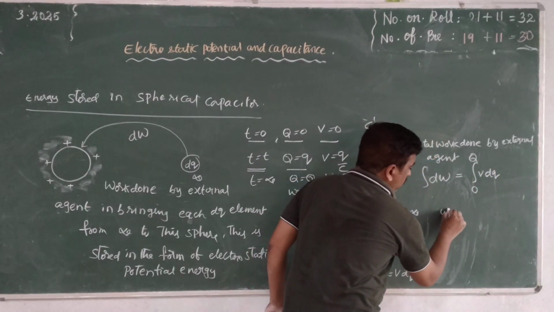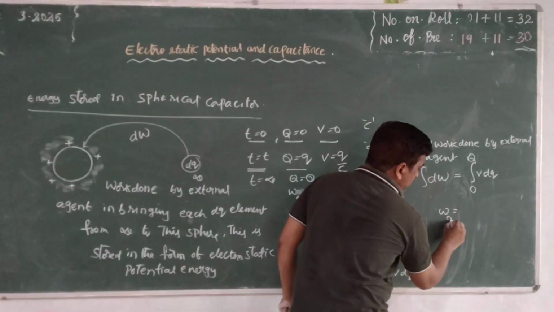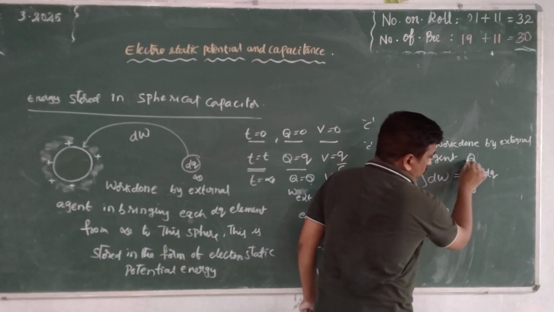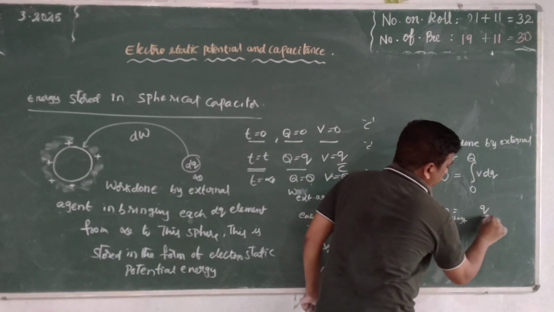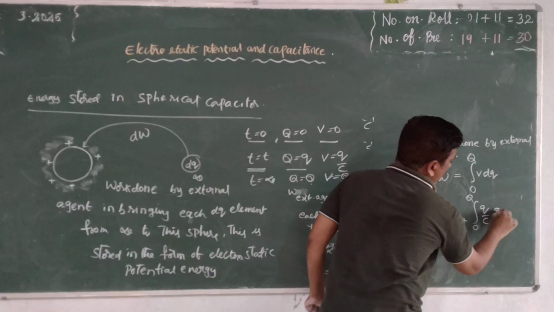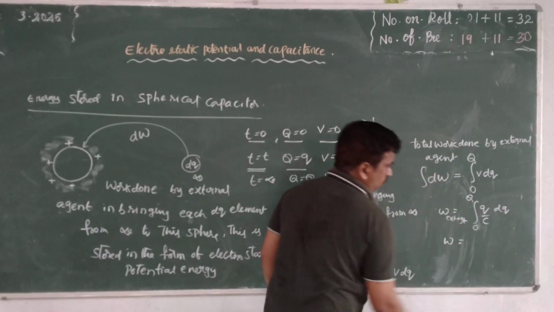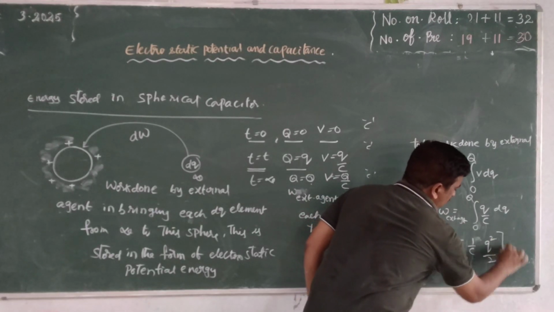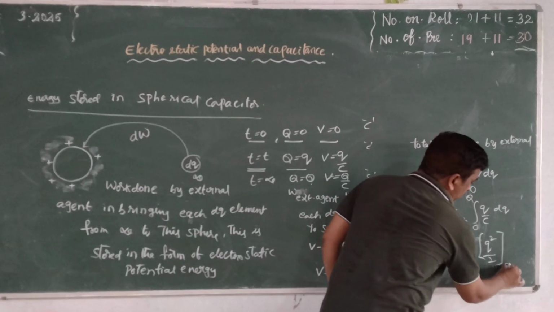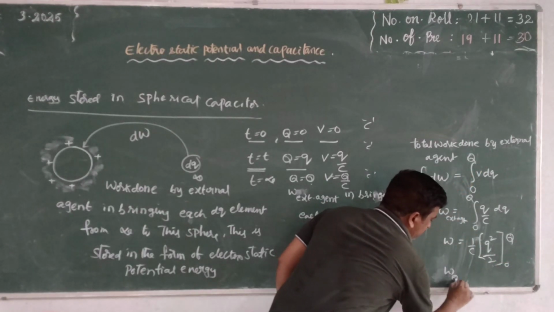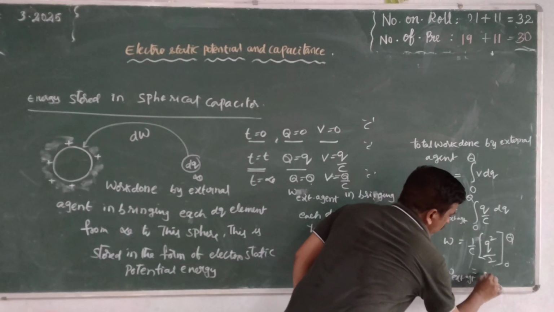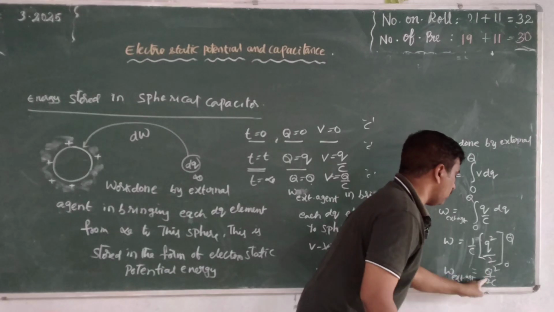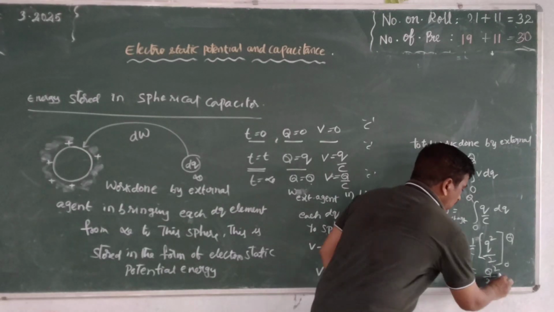Here W, the work done by the external agent, is the integral from 0 to Q of V dq, where V is q by C. So the integral of q dq, with 1 by C common, gives q square by 2, from 0 to Q. Applying the upper limit minus the lower limit, the work done by the external agent is Q square by 2C minus 0, which is Q square by 2C.